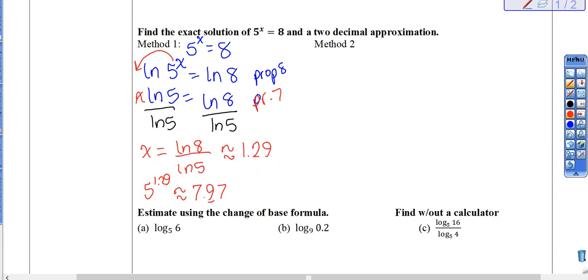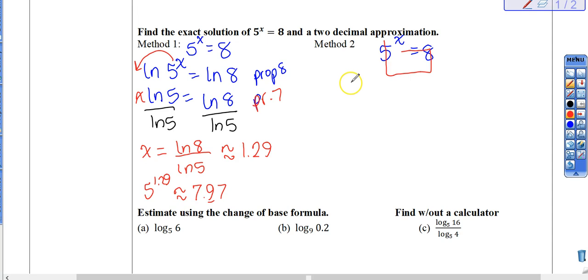Method 1 is done. Method 2 says this. Here we go. So let's say we have 5 to the x equals 8, and we want to come at it from another strategy. The other thing you can do is convert this to a logarithm, because that will also get the x out of the exponent.